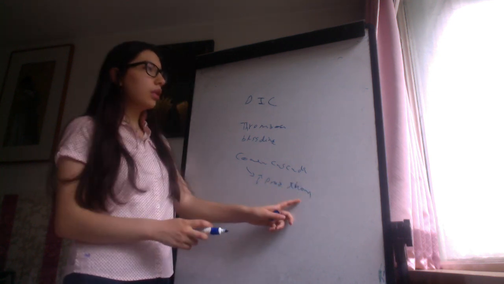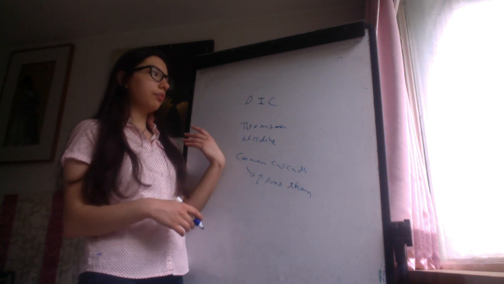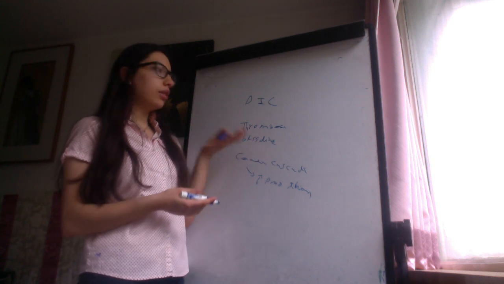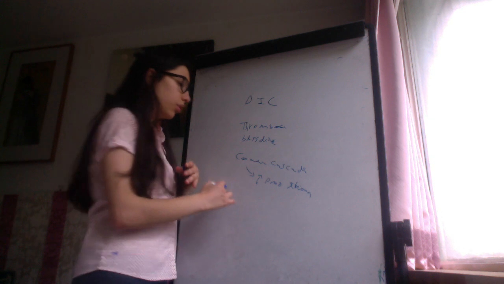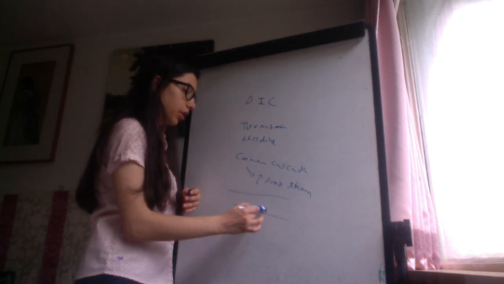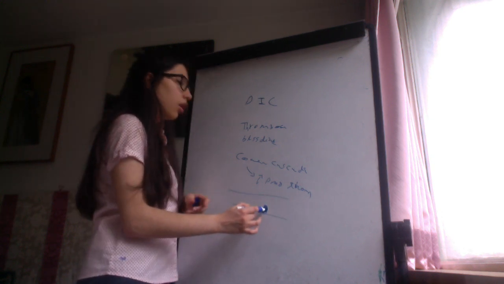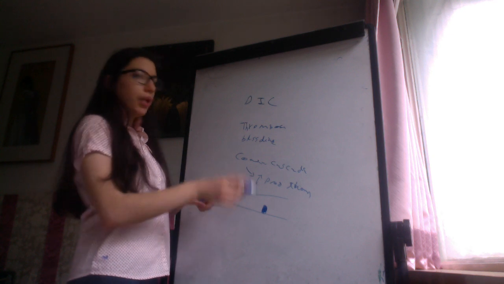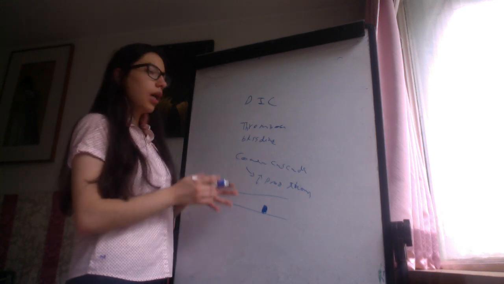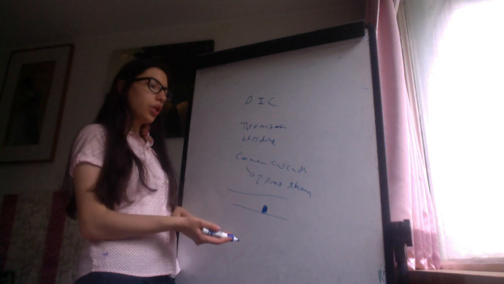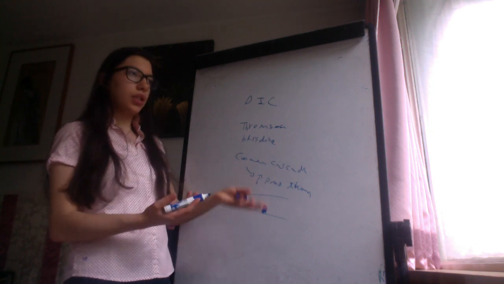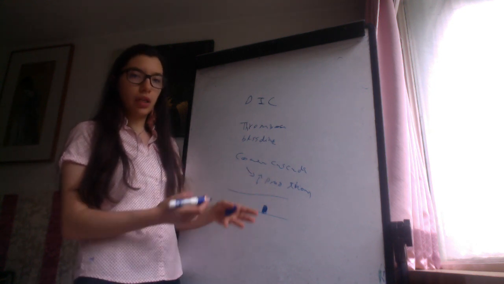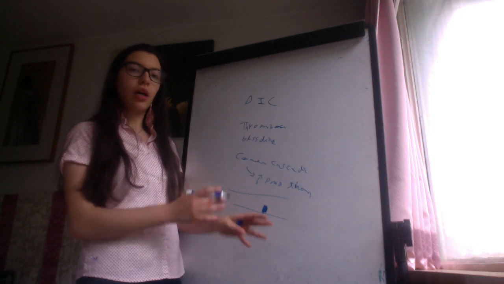The thrombi are made of platelets and coagulation factors. So all the time the patient is forming clots, but also the patient now needs platelets and coagulation factors in order to produce the clot. For example, let's say that the patient is in the hospital and the puncture sites are bleeding.